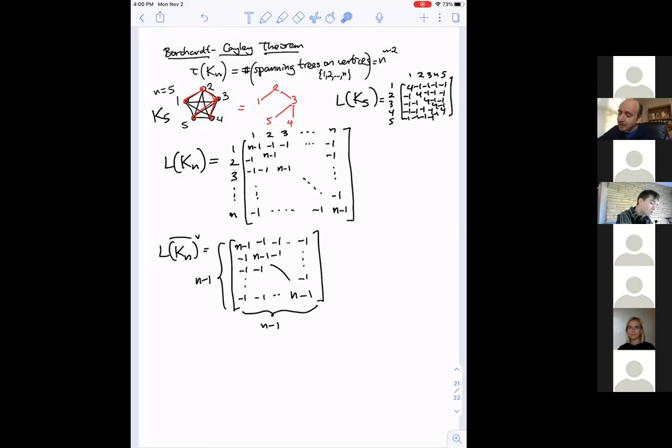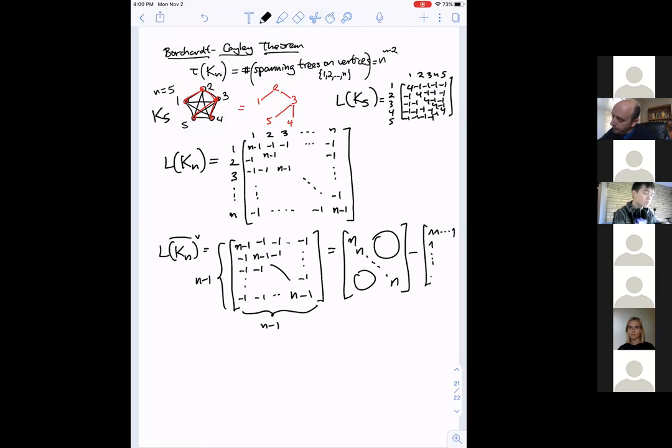All right. So for the sake of doing that, let me rewrite this as n times the identity matrix. This is like n down the diagonal with zeros, minus a matrix that's just a whole bunch of ones everywhere.